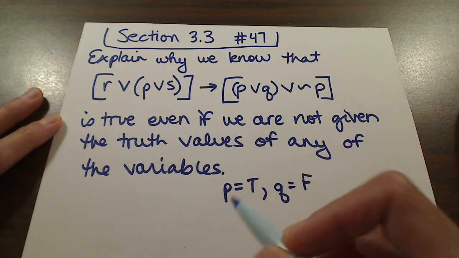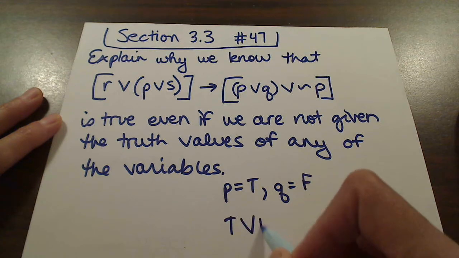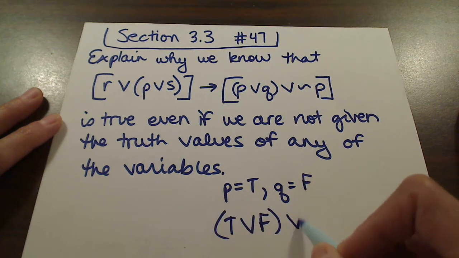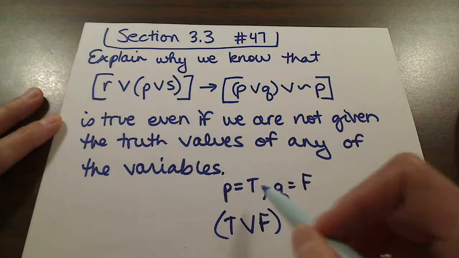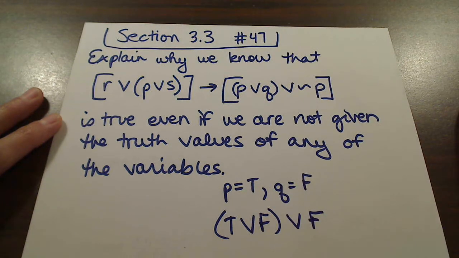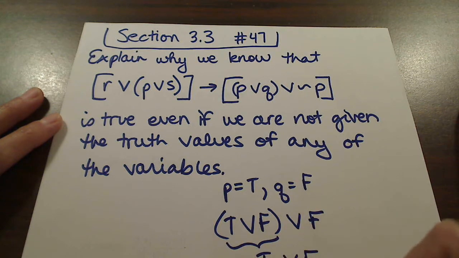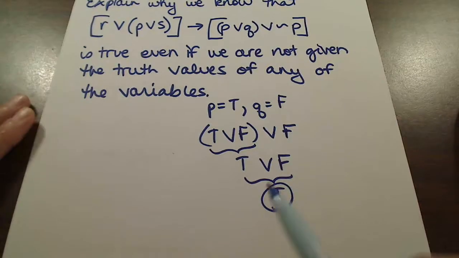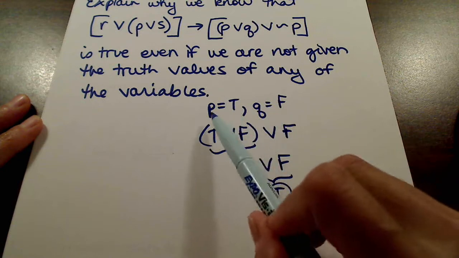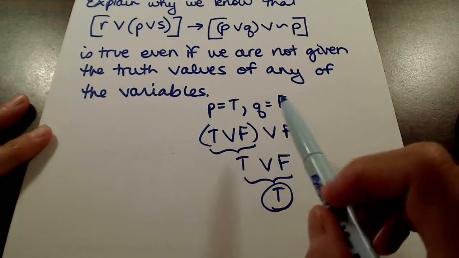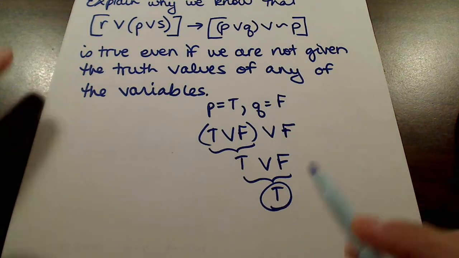Then just this portion of it, we have true or false, or not P, which would be false. So our true or false is going to be true, and then that's going to be true. So with those truth values for P and Q, we see that we result in something true.